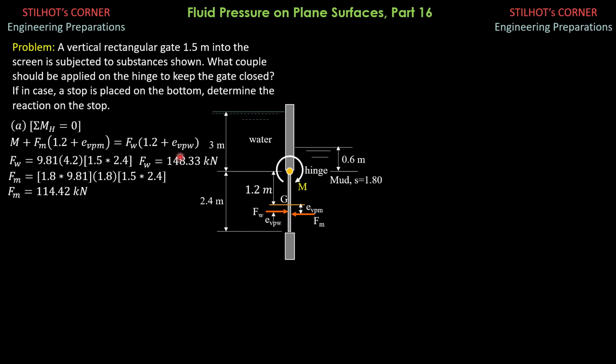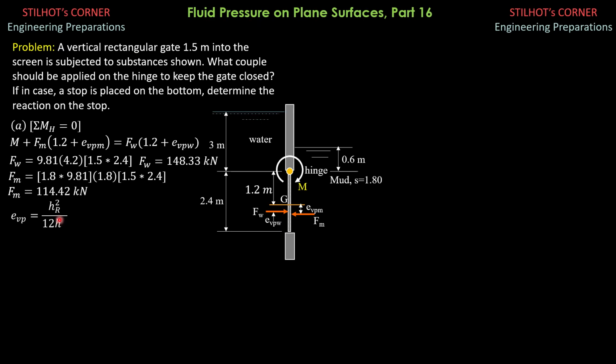The general formula is I_G sine theta over area times h_G, but sine theta is sine of 90 degrees, 1, because the gate is vertical, so don't mind that. So if we replace I_G over area times h_G, it will result to h squared over 12 h_G for a rectangle.